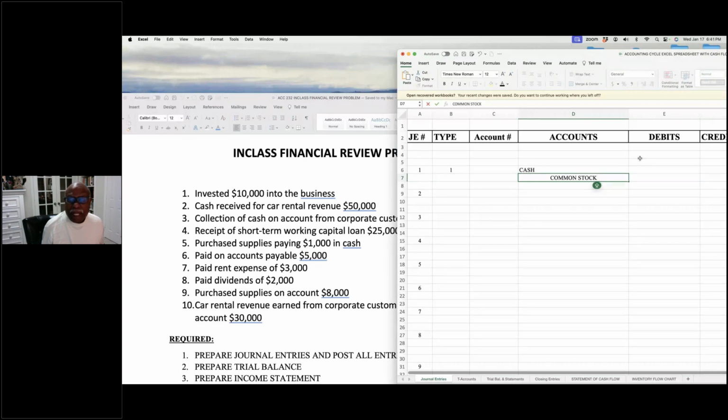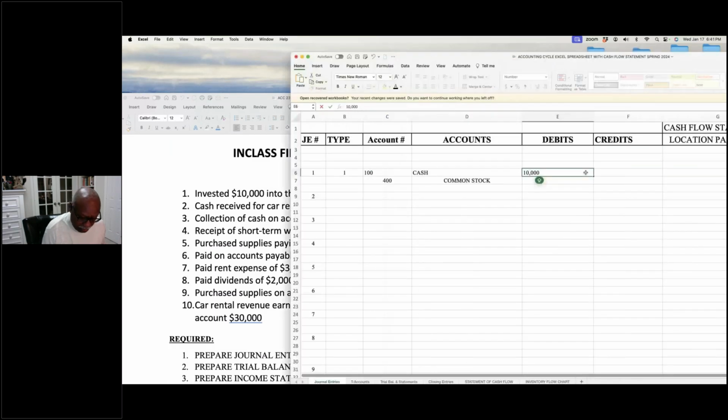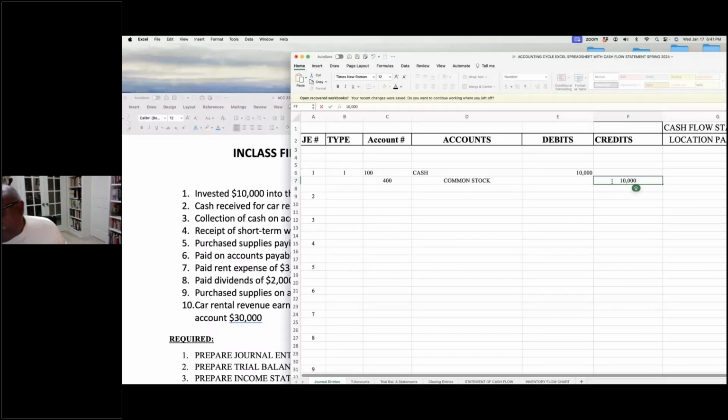And for our accounts, you need an account for cash. That's 100. You need an account for common stock. I think that's 400. We're going to debit cash for 10,000. And we're going to credit common stock for 10,000. Are there any questions?